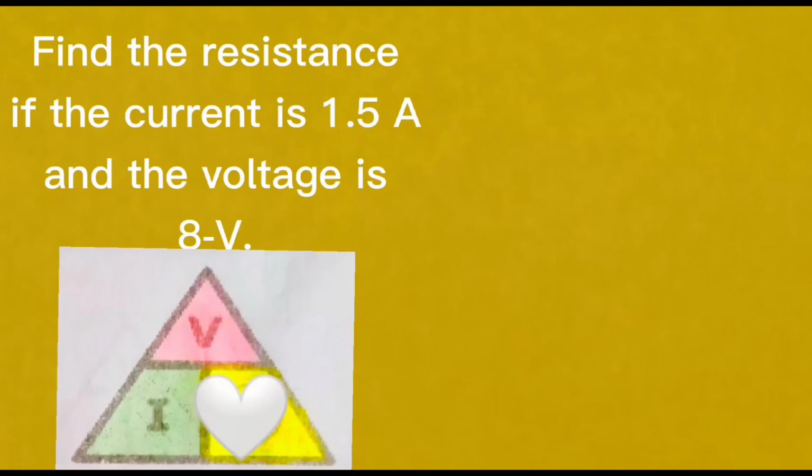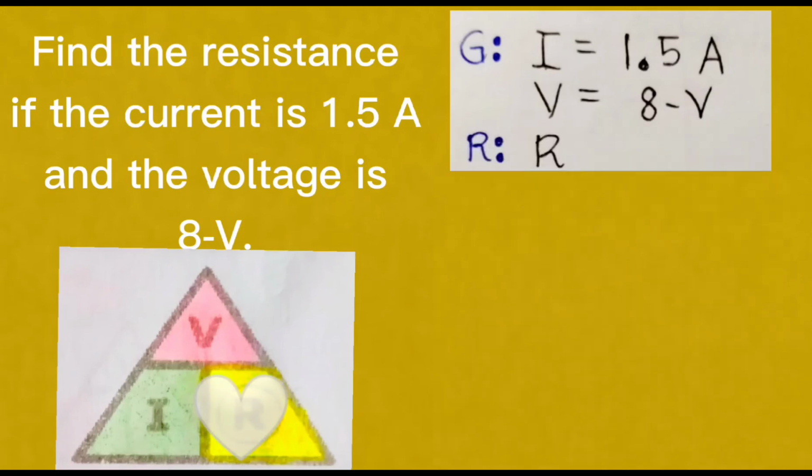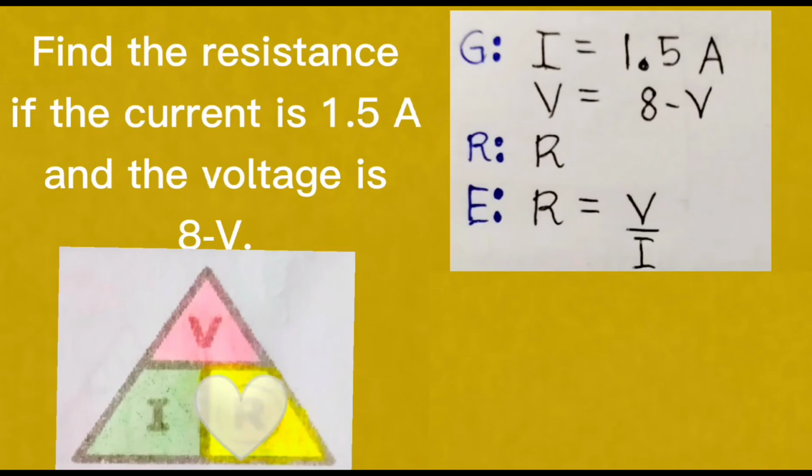Here's another problem. Find the resistance if the current is 1.5 amperes and the voltage is 8 volts. Given: current, which is 1.5 amperes, and voltage, which is 8 volts. Required is resistance. The equation to be used is resistance equals voltage divided by current.